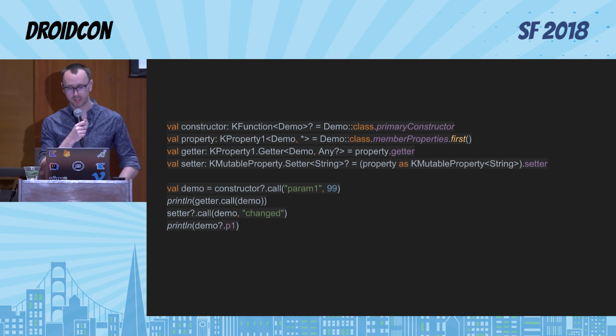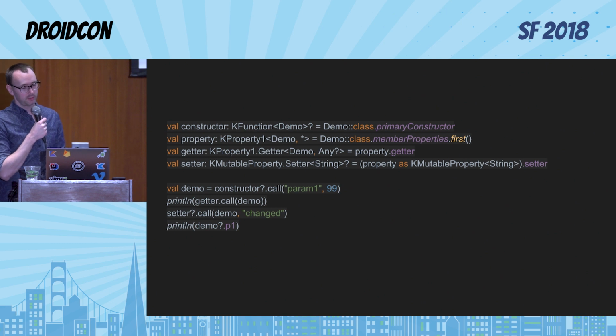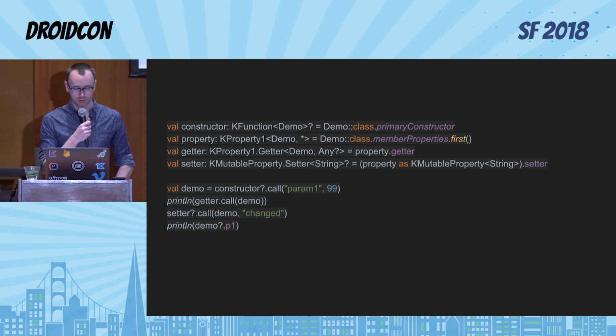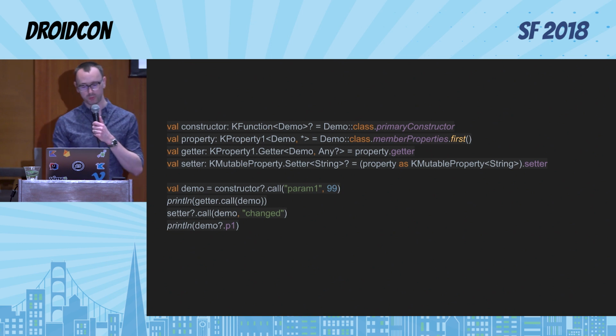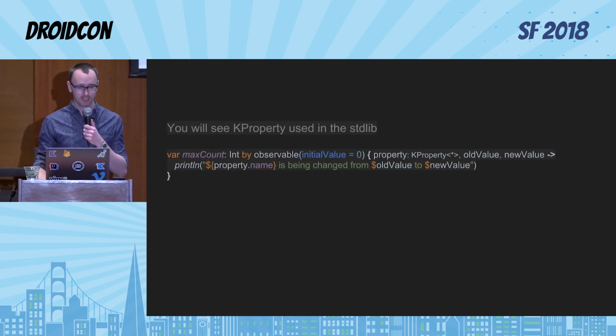You're getting the setter from that same property, and you have to do some casting on it. And then in code, you could call the constructor reflectively. You could call the getter reflectively. You can call the setter reflectively. And then if you were to print out this p1 value afterwards, it would be what you've changed it to. So it goes without saying, do not do that.